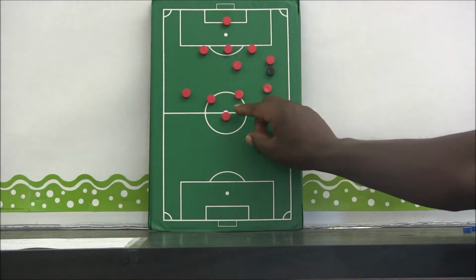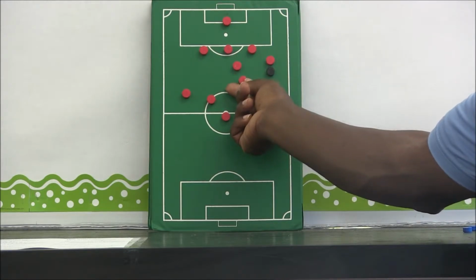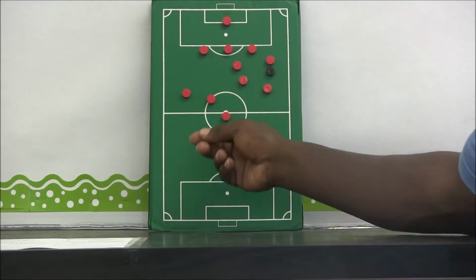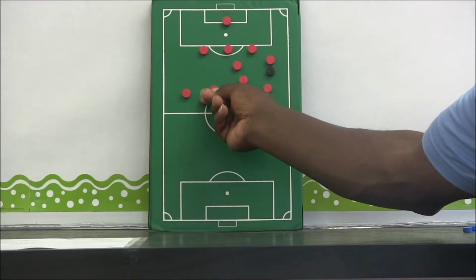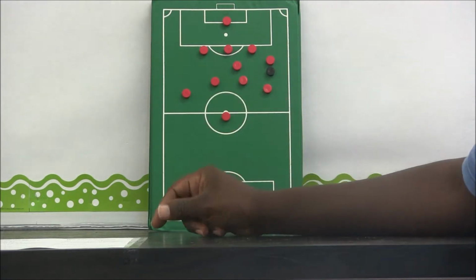The attacking mid will drop off, again taking that passing lane and still filtering and forcing everything to the outside. The opposite attacking mid then is going to be balanced with that other attacking mid.